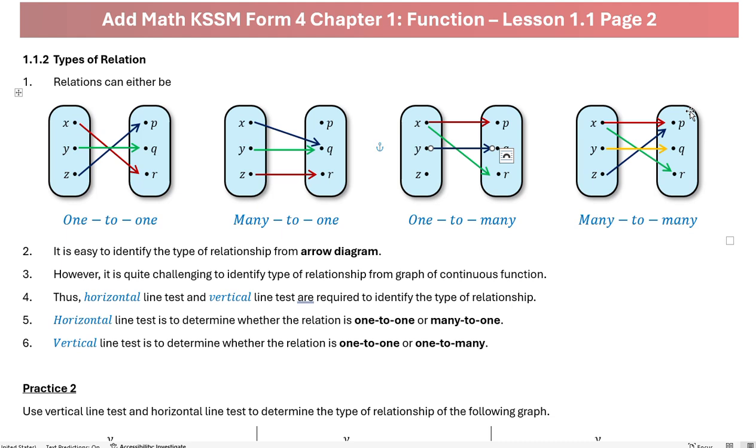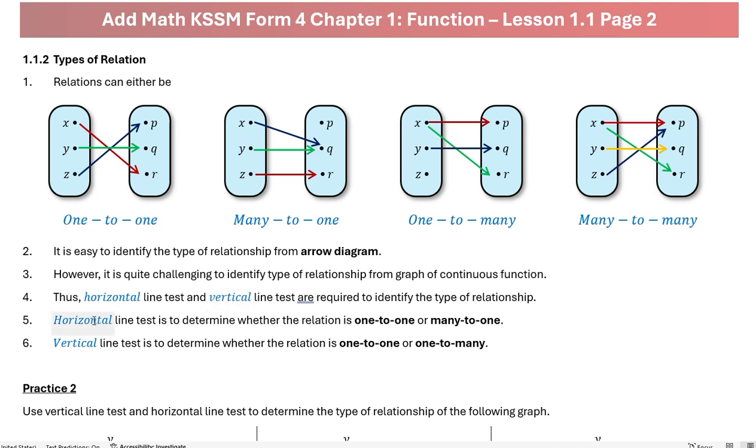However, when a graph is given to you, it's quite challenging to identify the type of relation. That's why it's very important that students understand the horizontal line test and vertical line test.